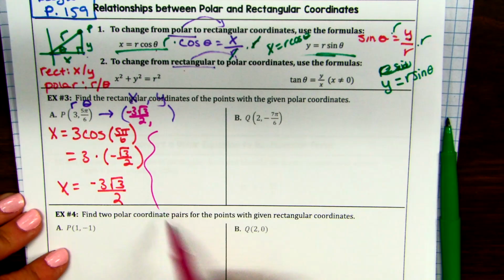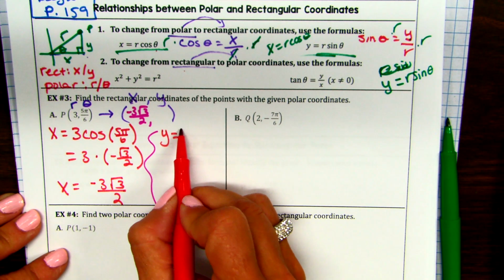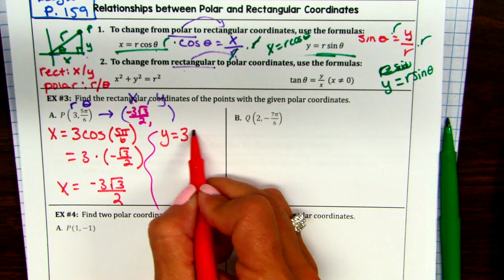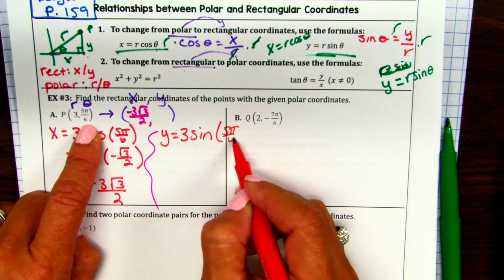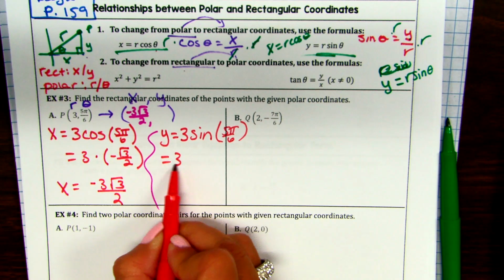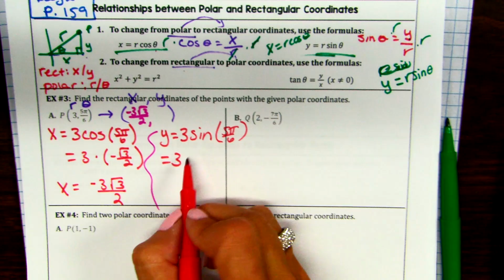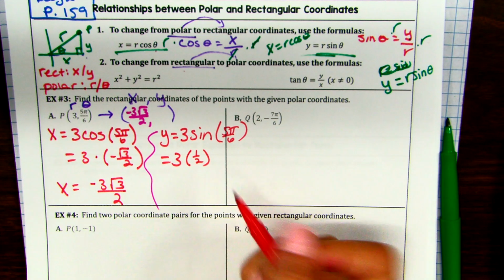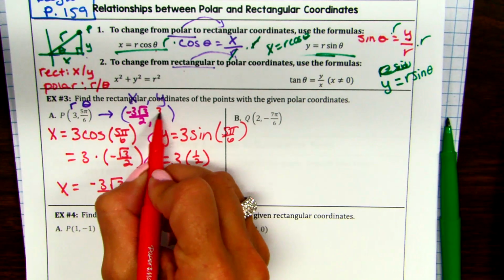Now we use the other formula to find y. Y equals r given, sine of theta also given. What is sine of 5 pi over 6? 1/2. So y equals 3/2.